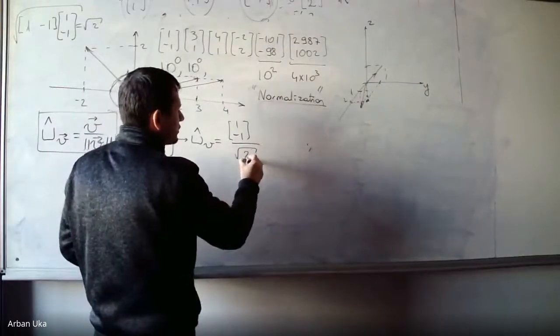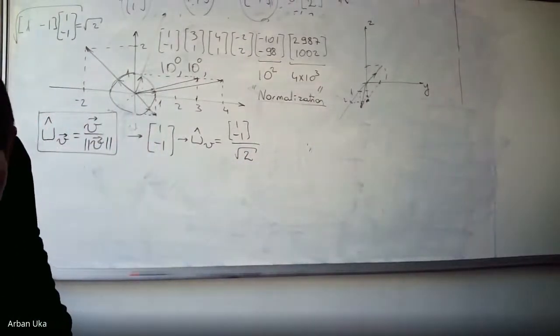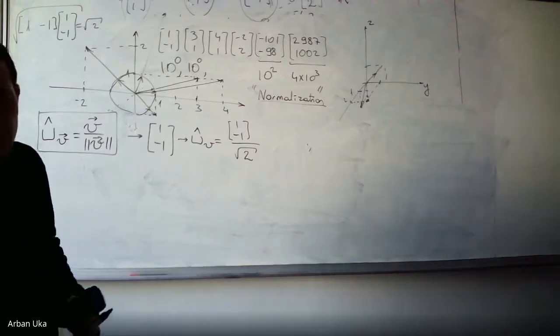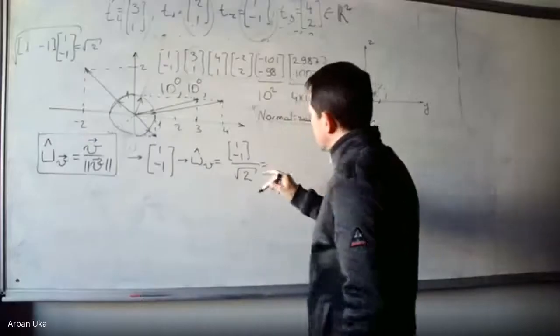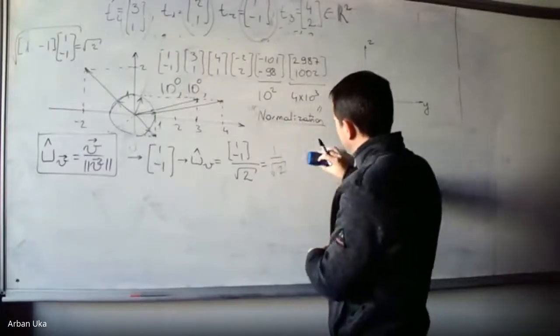No, it's the square root of 2, it's not 1. So Drini, is it clear why the magnitude is square root of 2? It's 1 divided by square root of 2, and minus 1 divided by square root of 2. Okay, that's true, because actually we can write it also like this. Thank you, Drini.